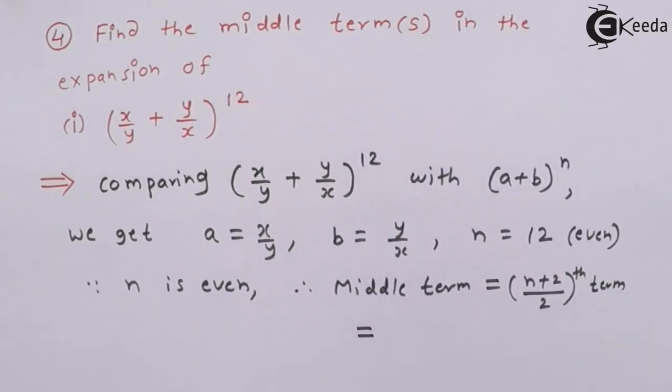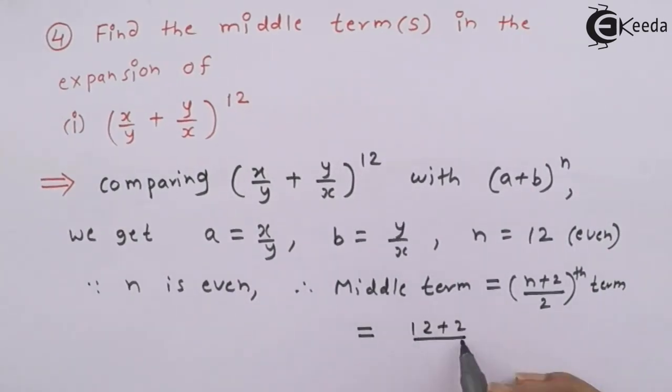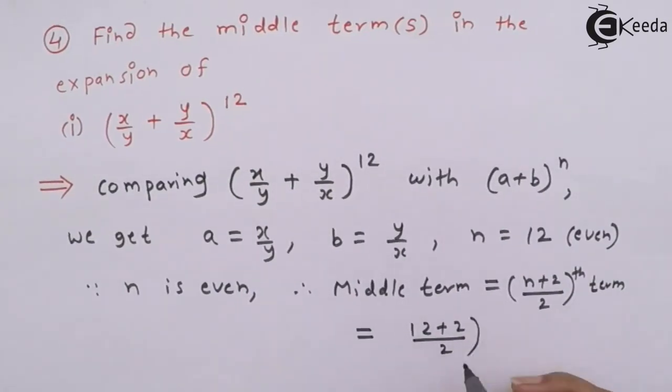For n we substitute 12. So we get (12 plus 2) upon 2th term.